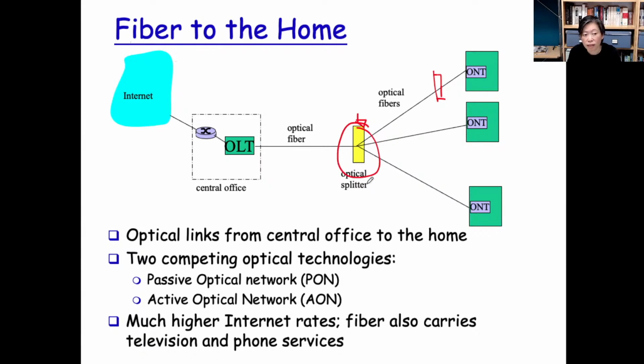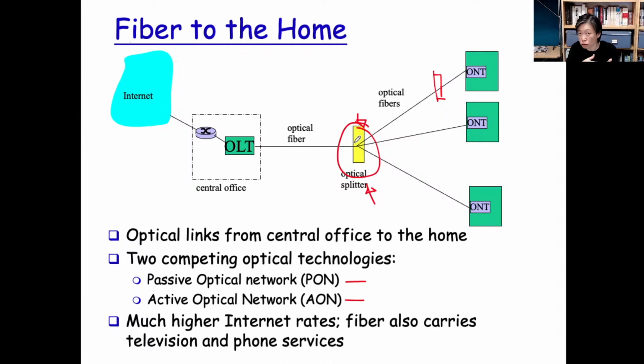Now, these splitters, depending on the mechanism running in them, depending on the design, could work differently. Two typical architectures for these splitters are PON and AON. Passive optical network means that what's being done here is very straightforward.